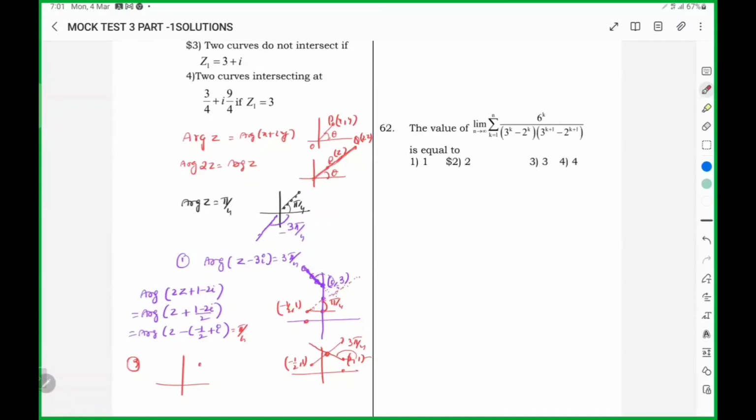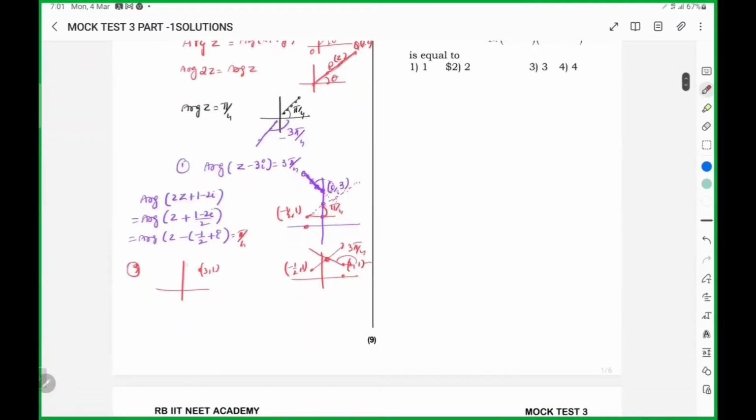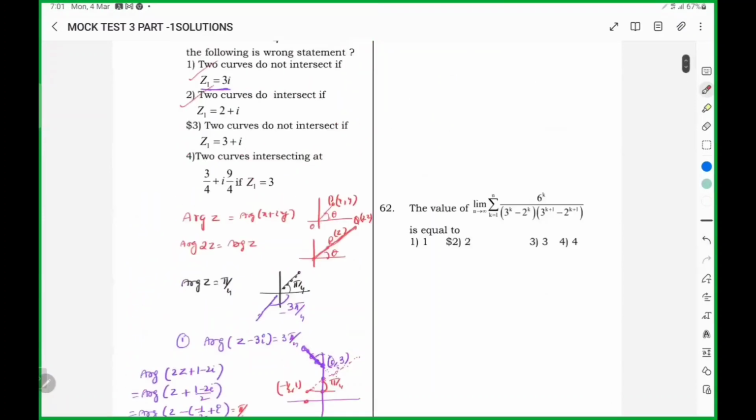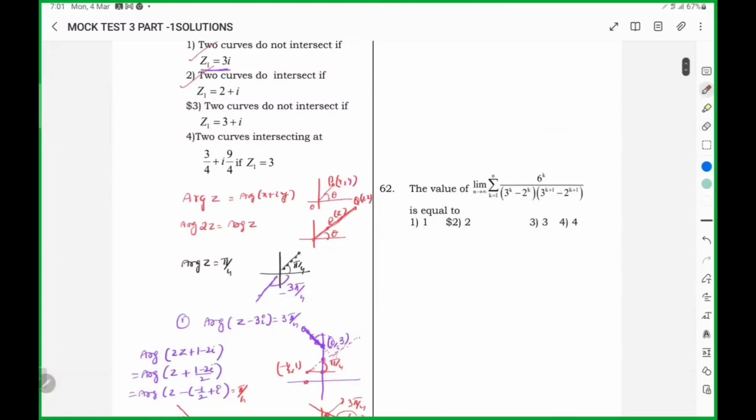z1 as 3 comma 1, argument of z minus z1 is 3 pi by 4 like this, and another one we have already drawn the curve.